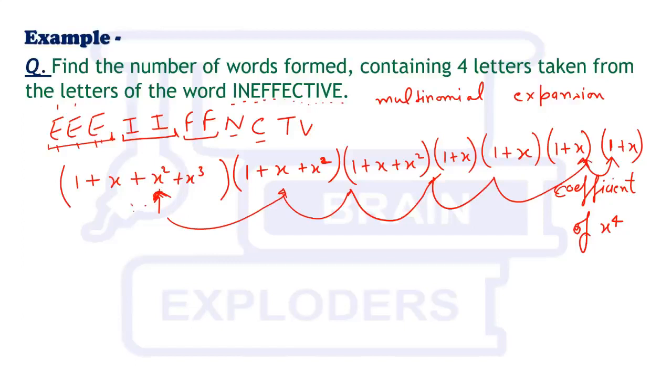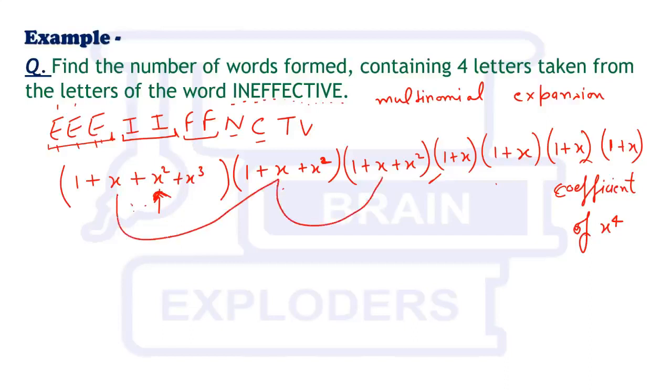In another way we can do it like this one, this x, then this x, then this x, this x. Here we have x to the power 4, then again the rest of the ones. In this way also we will obtain a term which will contribute to the coefficient of x raised to the power 4.